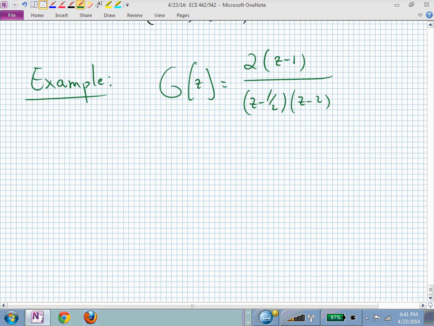And they leave you alone and they say, design a controller, C of z, to stabilize this system. Is it clear that this system is not open loop stable? What's the pole zero diagram look like for this?